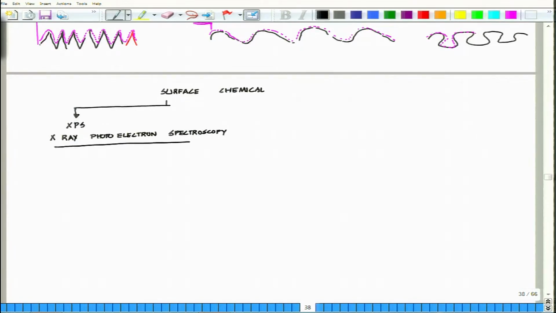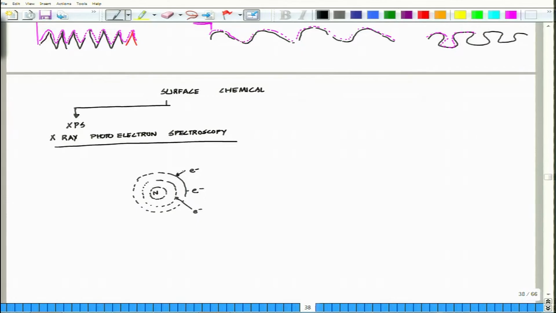The fundamental of X-ray photoelectron spectroscopy is fairly simple. Say we talk about an atom. This is the nucleus where you have the proton and neutron, and here you have the electron cloud around it, in a simplistic sense. These are the places where electrons are revolving around.